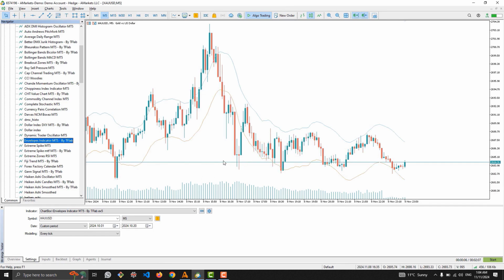Let's see the live test of the indicator together on the MetaTrader 5 platform.